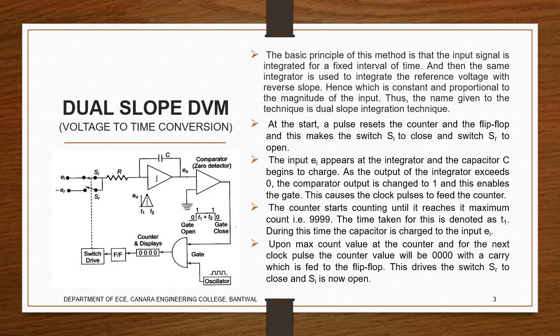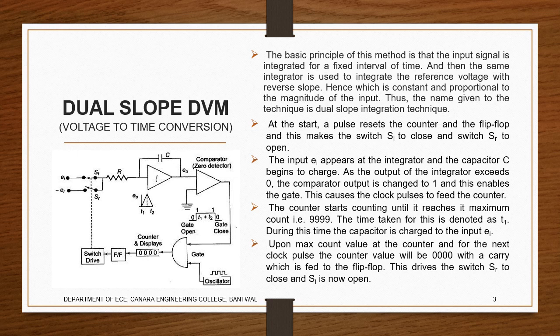This switch driver will make SR on, or closed, and it makes minus ER be fed through the resistance to the capacitor, when SR is closed and SI is off, that is, the switch is open here.